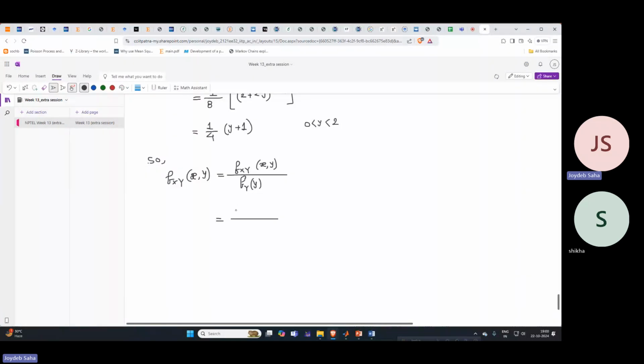It is given 1 upon 8 (x plus y) upon 1 upon 4 multiplied with (y plus 1).